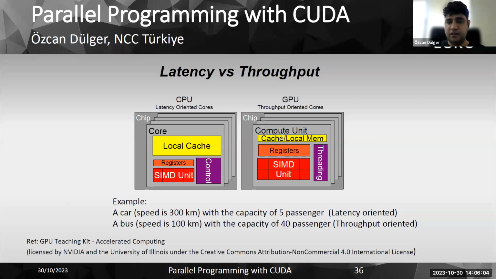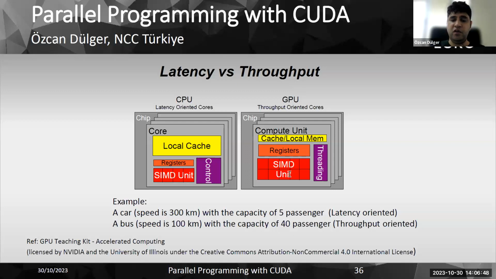But in a GPU, the throughput is important. So the local and cache memory is not as large as in a CPU, but the registers are larger than in the CPU because we have many cores in the GPU, and each core needs to have its own registers. The number of registers should be very large, and it has a larger single instruction multiple data unit than the CPU because of the many cores on the GPU.